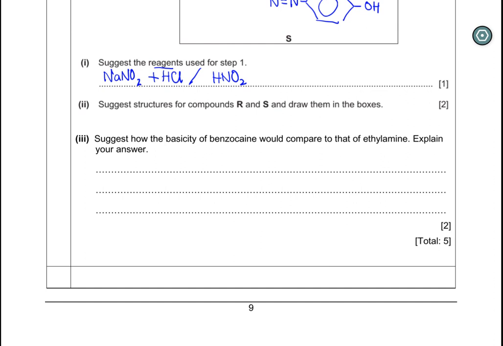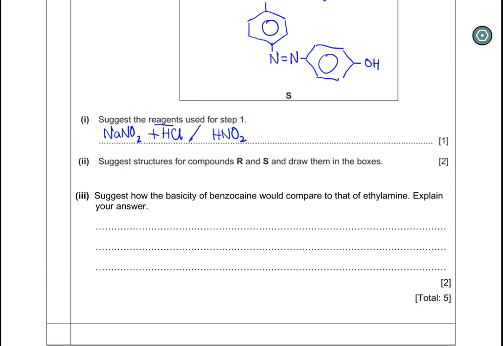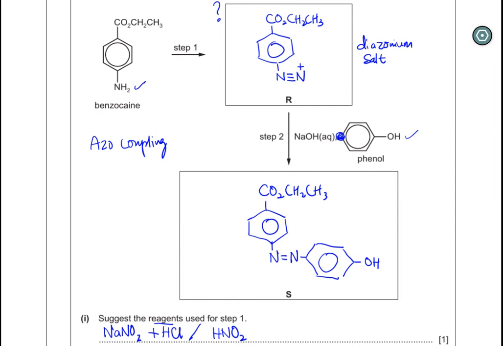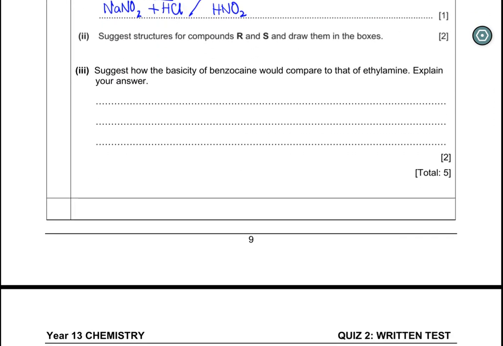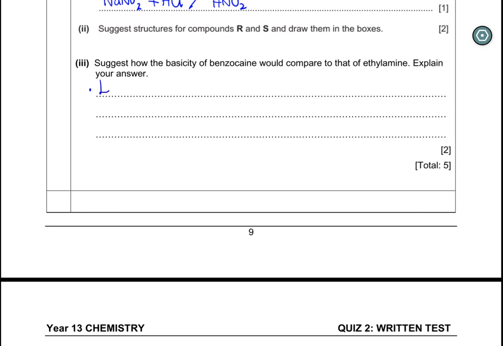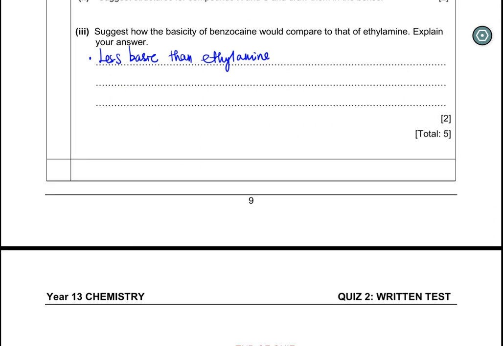Last one would be: suggest how the basicity of benzocaine would compare to that of ethylamine. Now look at the characteristic of benzocaine. It has a benzene ring. I think most of you have no problem mentioning that it is less basic than ethylamine. Now it has to be coupled with the reason.